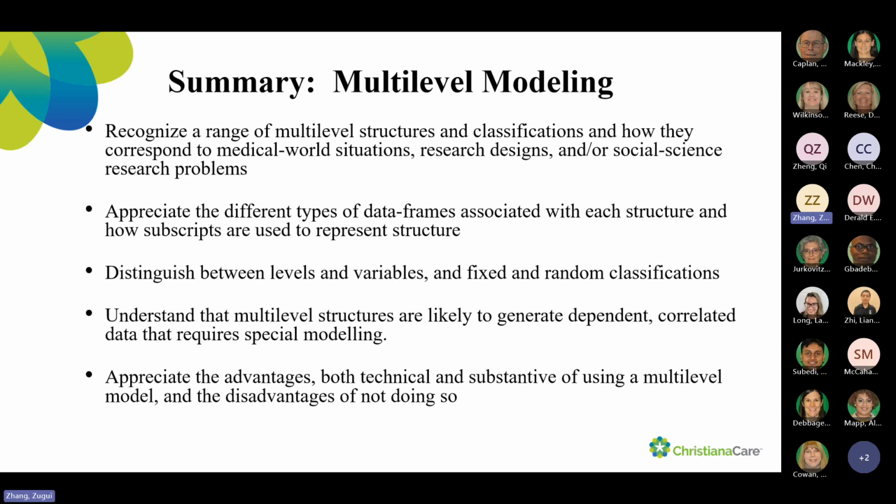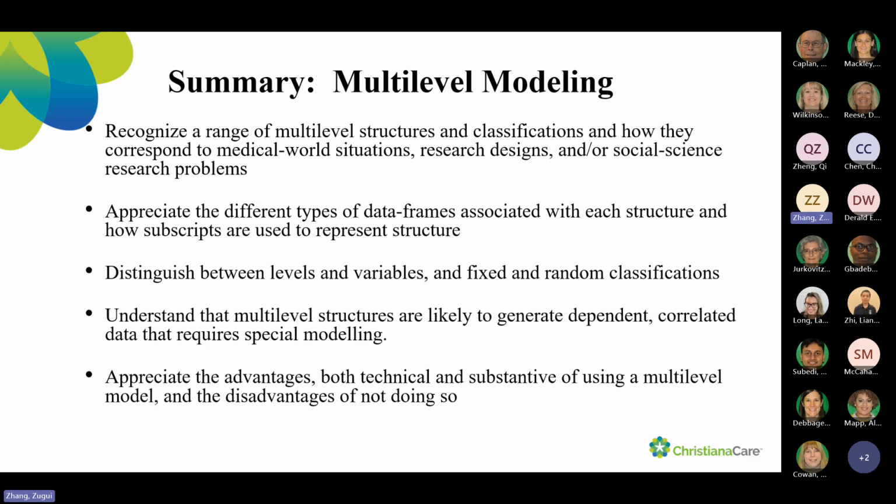So as we can see, when we use multi-level modeling, we first should recognize a range of multi-level structures and classifications and how they correspond to the real-world situation, research design, and social science research problems. Specifically, we should look at the difference between organizational multi-level modeling and growth curve modeling.